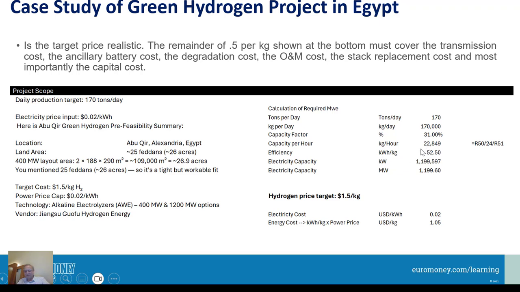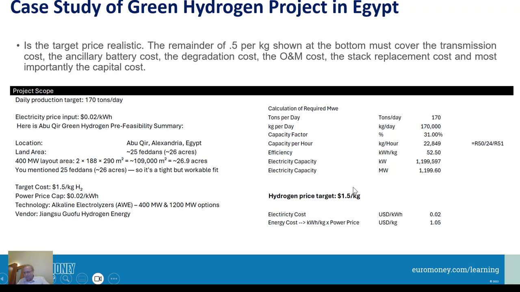We're going to talk about that a lot down here. So if we have this 52 multiplied by this 0.02, you get an energy cost of hydrogen of about 1.5. What that means is if my friend wants this kind of crazy target, the question is, is this a reasonable target or not, which we'll get into in just a minute.